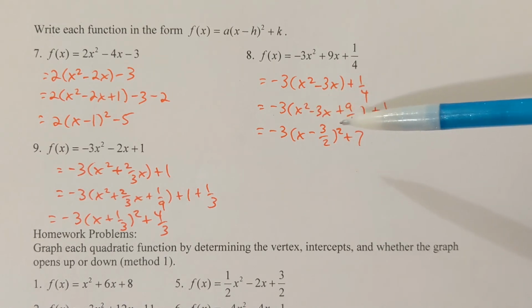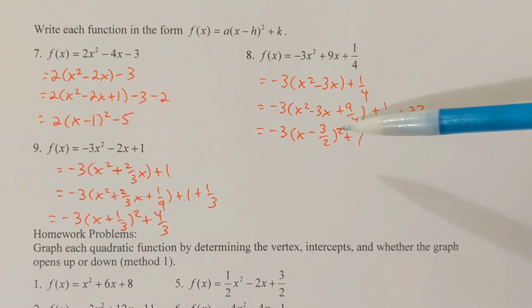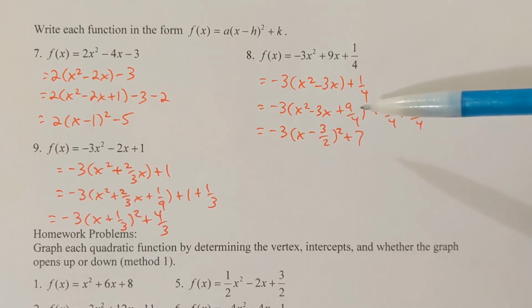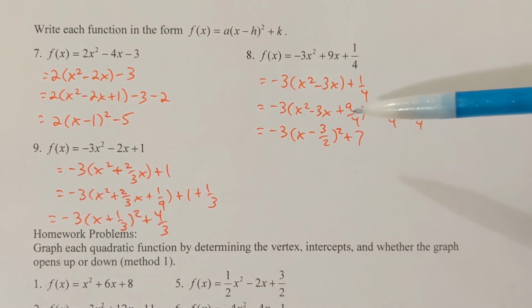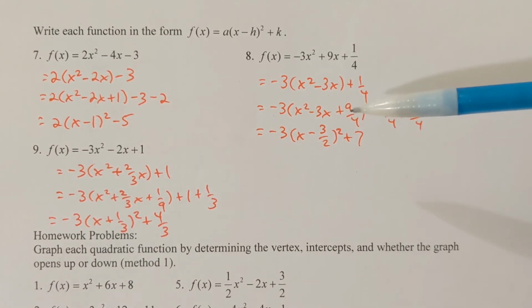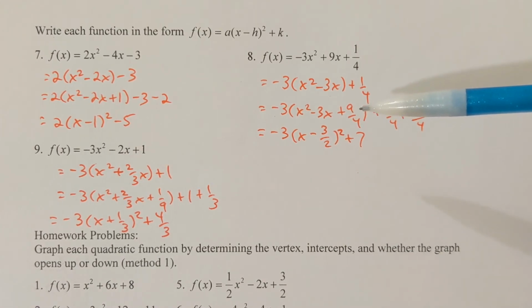Negative 3 times x minus 3 halves squared plus 7. So the minus 3 halves squared is because you're always going to get the number that you're squaring in the previous line.